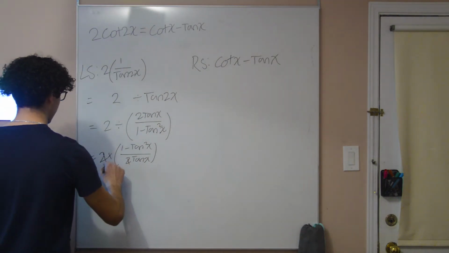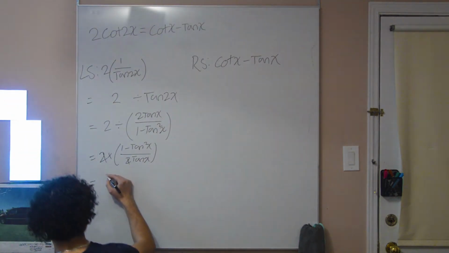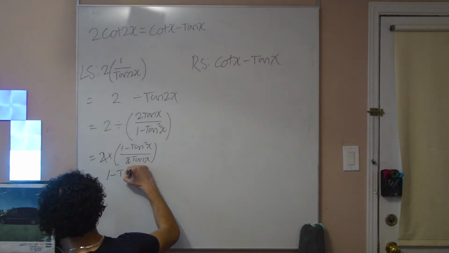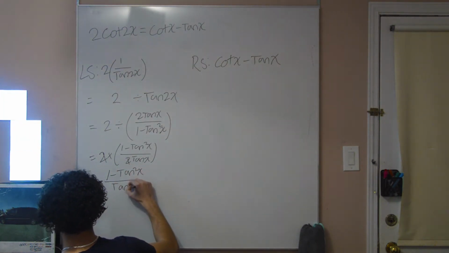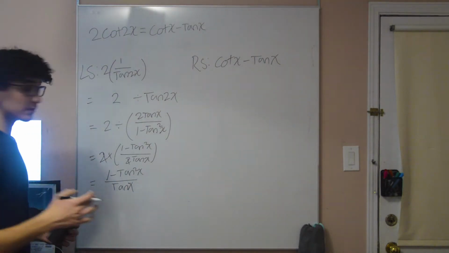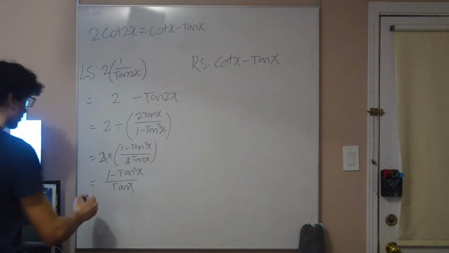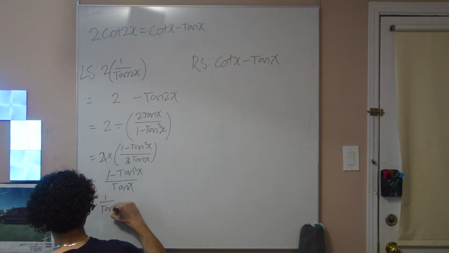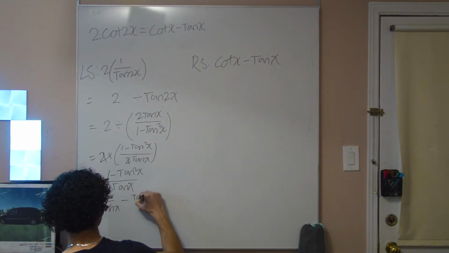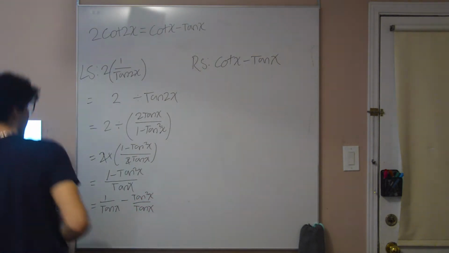Now these 2's can cross out, and we are left with 1 minus tan squared x over tan x, just like that. Now from here, I'm just going to break it up. This becomes 1 minus tan x minus tan squared x over tan x, just like that.